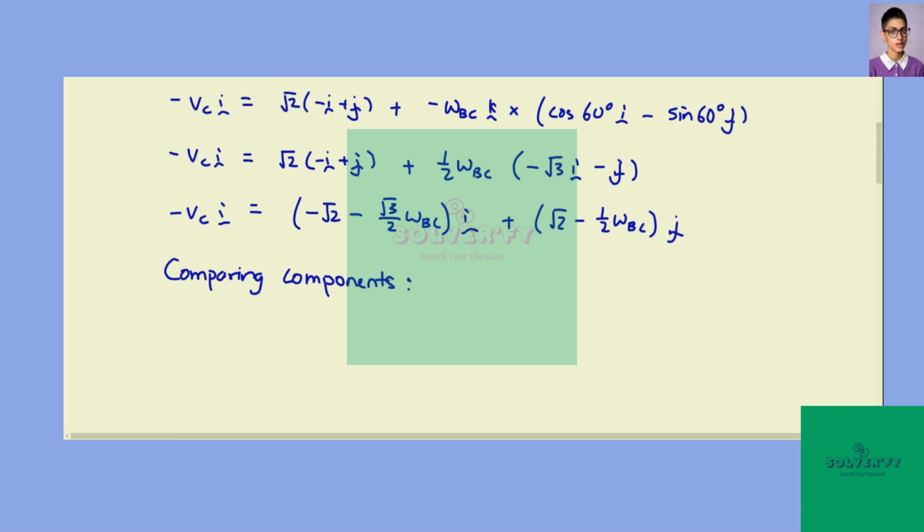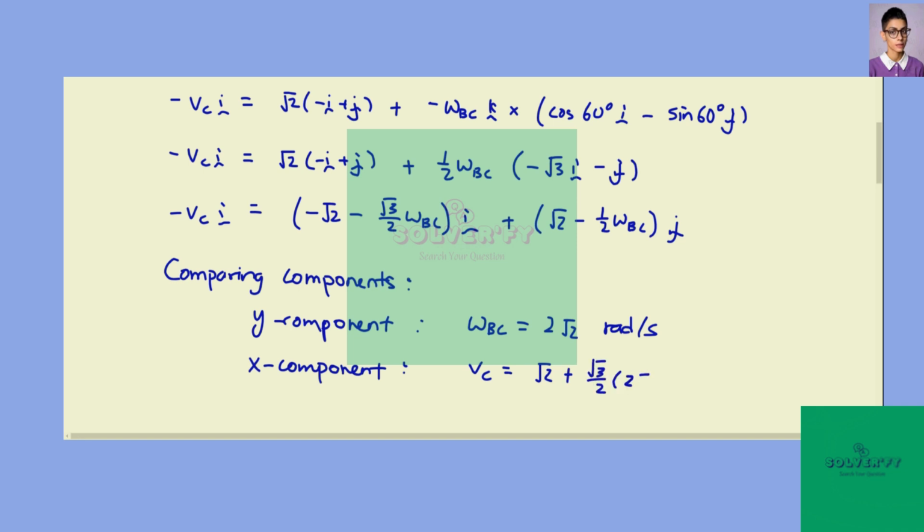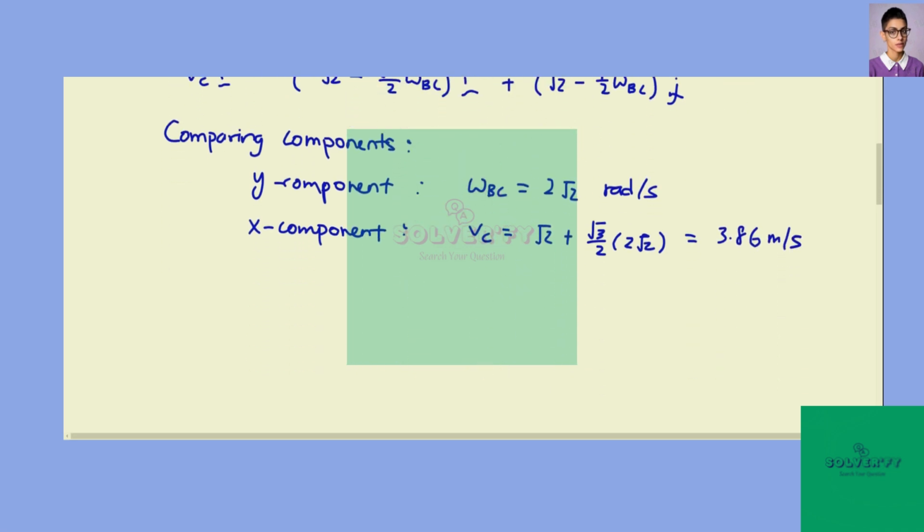For the y component, we get omega BC is equal to 2 root 2 radians per second. For the x component, we have VC is equal to root 2 plus root 3 over 2 times root 2, which is 3.86 meters per second, and this is to the left.